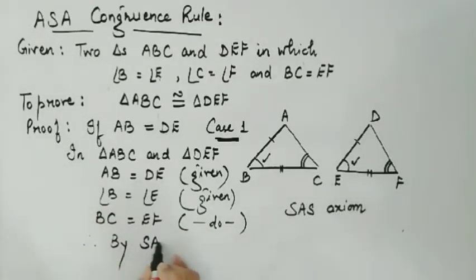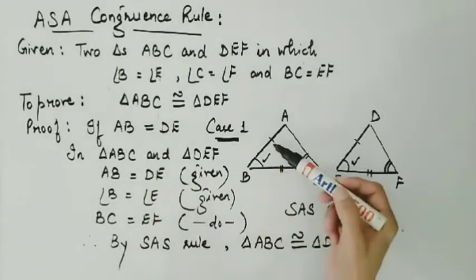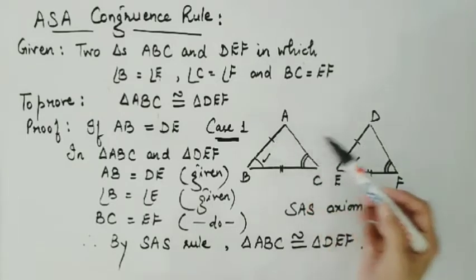Therefore, by SAS rule, triangle ABC is congruent to triangle DEF. That's number one. This was a case when these two sides are given to be equal.